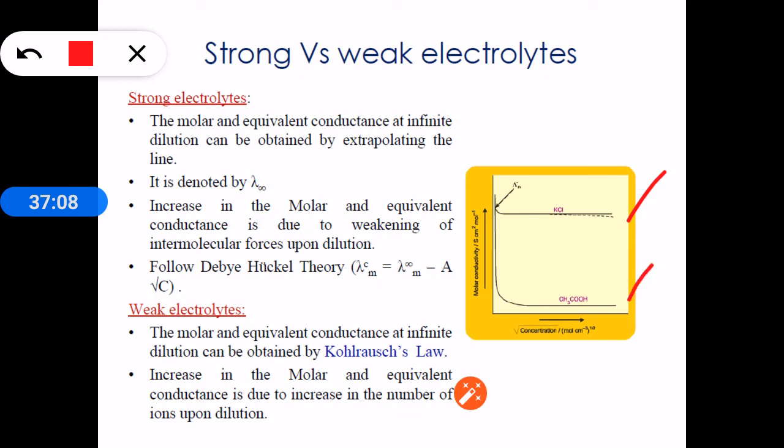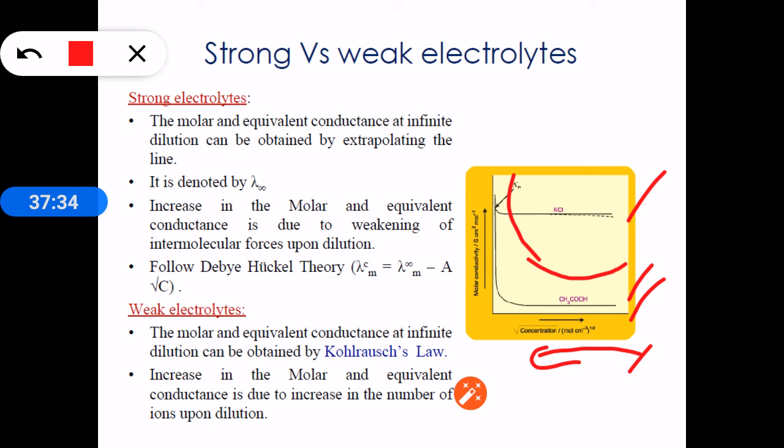It indicates that weak electrolytes undergo less dissociation at high concentration, but on lowering the concentration, the degree of dissociation increases, and so the conductance value is also increasing. Whereas in the case of strong electrolytes, they are already undergoing 100% ionization at high concentrations itself.